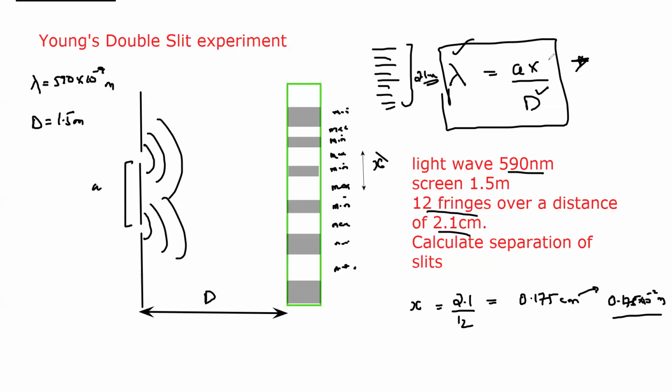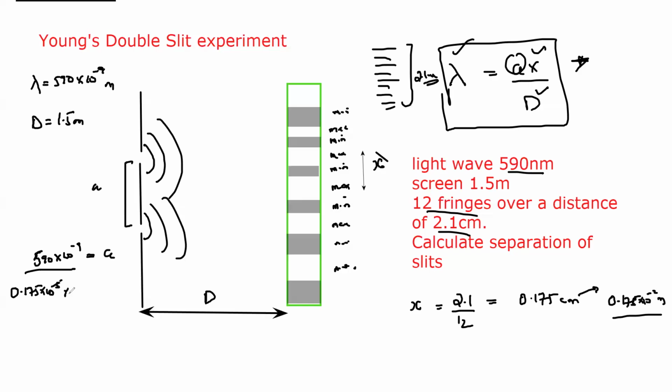So we got the value for x. We just need a. So just substitute: lambda is 590 into 10 to the power minus 9. a is the spacing between the slits. X we worked out, which will go there in division, that is 0.175 into 10 to the power minus 2.